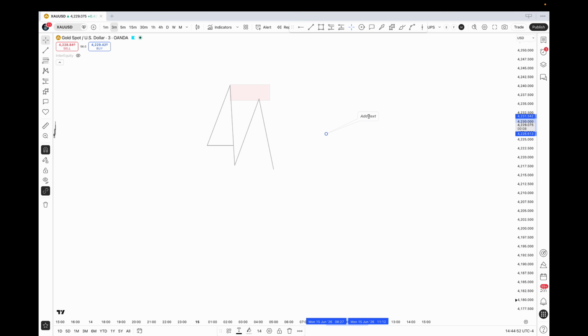Let's write out the definition. Induced: all it equals is enticing someone to get in. Another word for enticing, let's say, persuading.